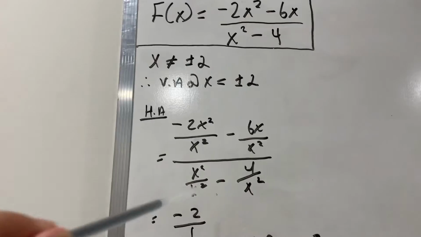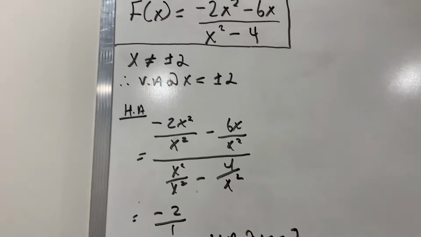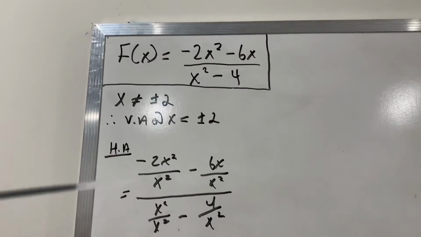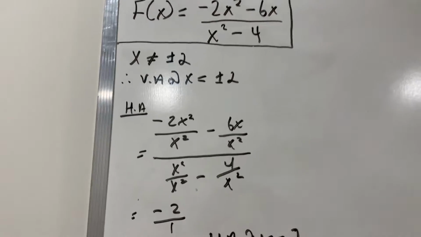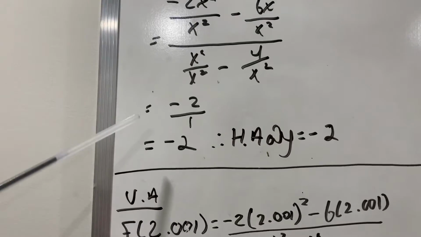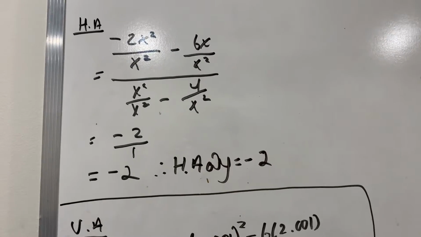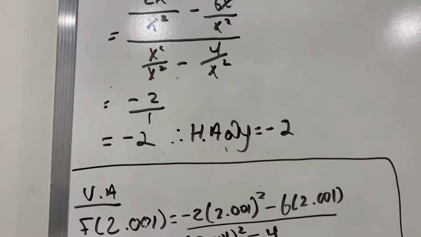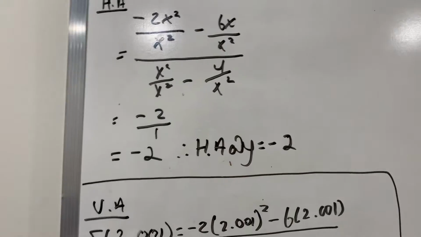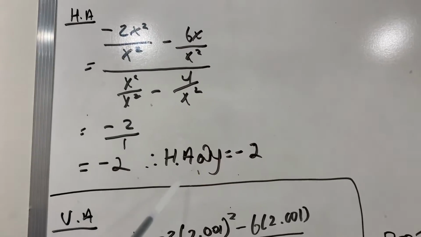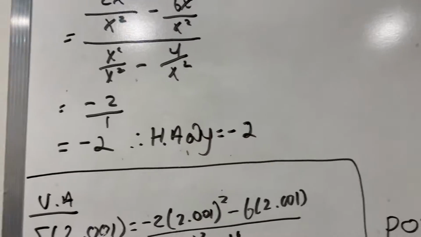To find it, we take the terms with the highest degree in the numerator and the denominator, and we get negative 2 over 1, which is technically negative 2 minus 0 over 1 minus 0, but the zeros are irrelevant, so we get negative 2. And so the horizontal asymptote is at y equals negative 2.